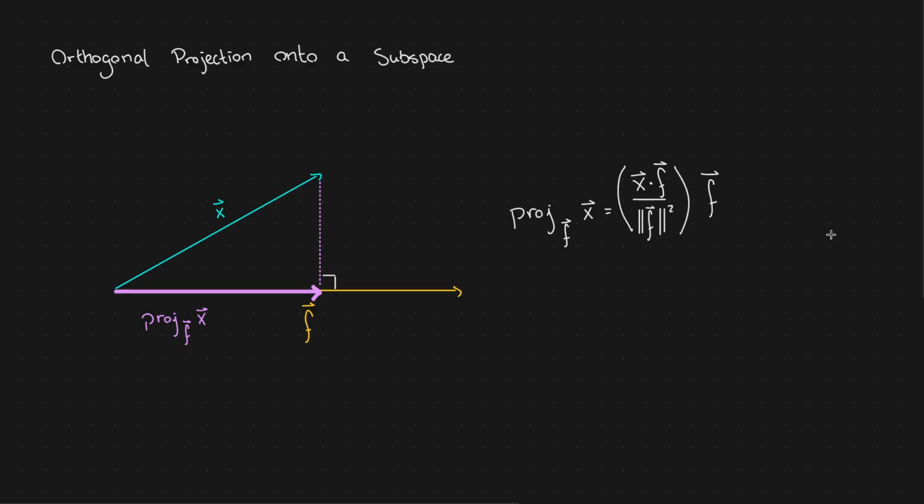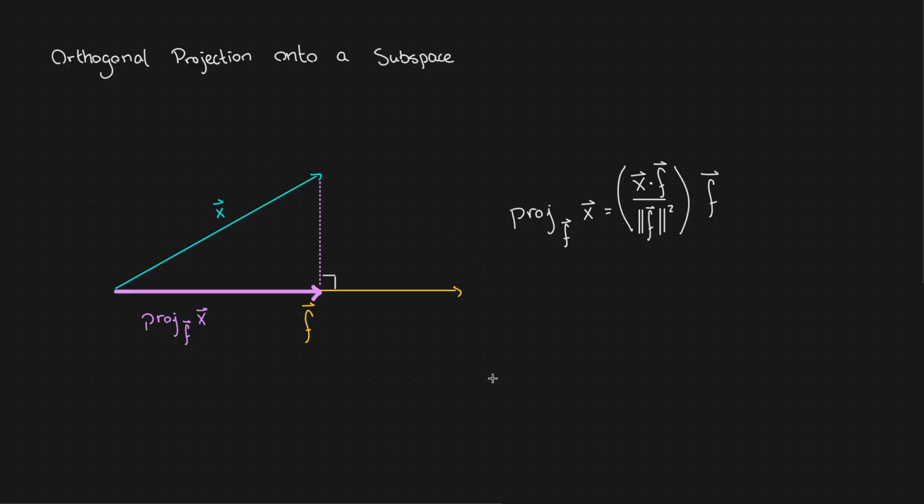This should look familiar because we have done orthogonal projection before, but also we just saw this when we were looking at how to represent a vector x as a linear combination within a subspace with an orthogonal basis. We could express x as a linear combination of those orthogonal vectors, where the terms of that linear combination look just like this, right? So we're going to expand on this idea.